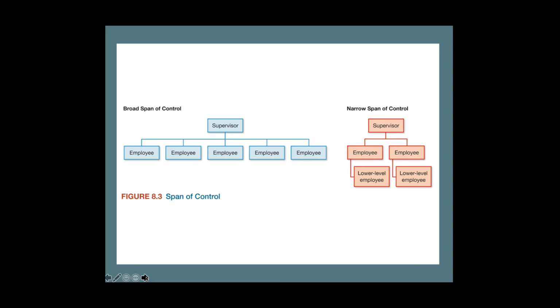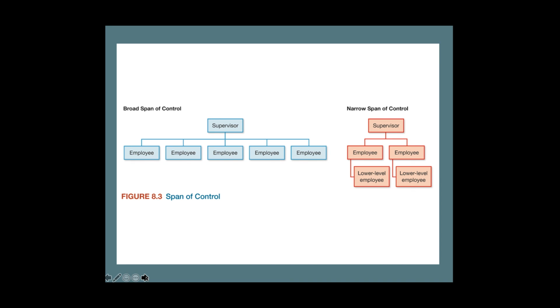But one of the clear things that comes out as an implication, a consequence of a broad versus a narrow span of control. Consider this. If you're the supervisor on the left and you have 5 different employees reporting to you, how much discretionary time do you have in your week to tend to your own things when you've got 5 different employees who might at any point in time knock on your door and need your attention and supervision?